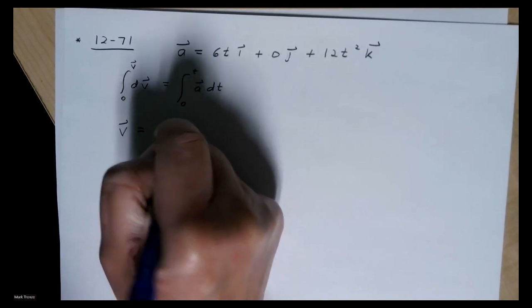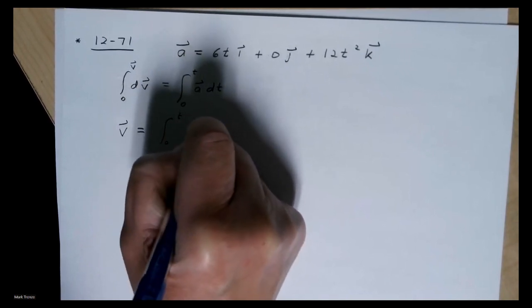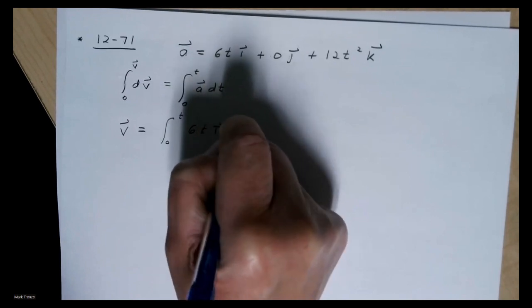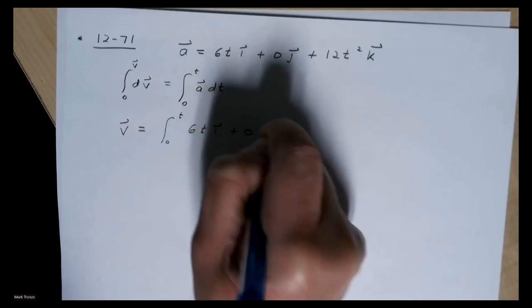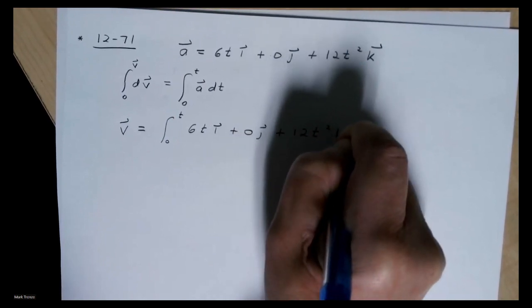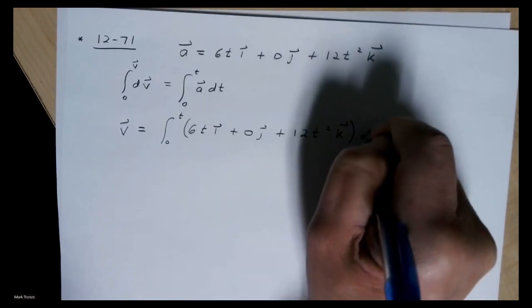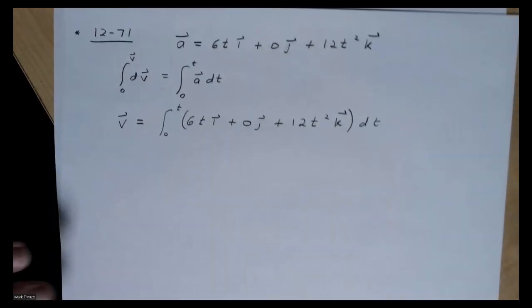So again, on the right-hand side, we're going to integrate 6t i plus 0j plus 12t squared k dt.